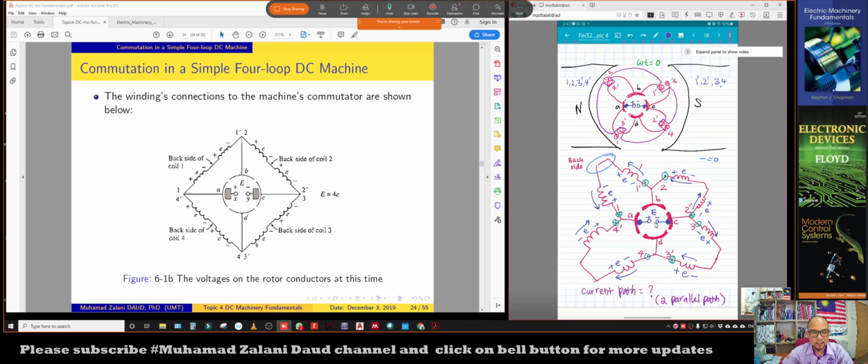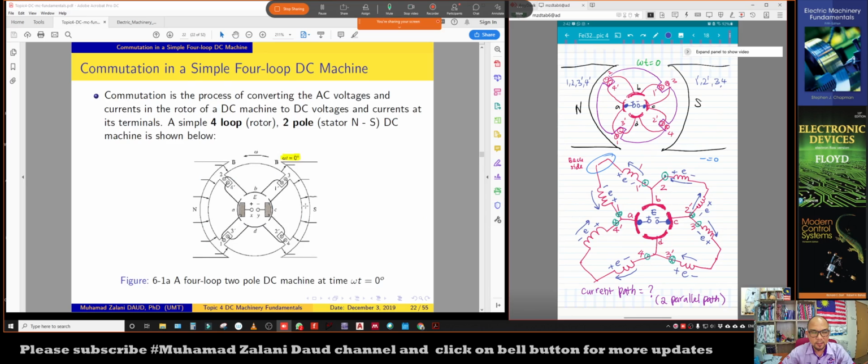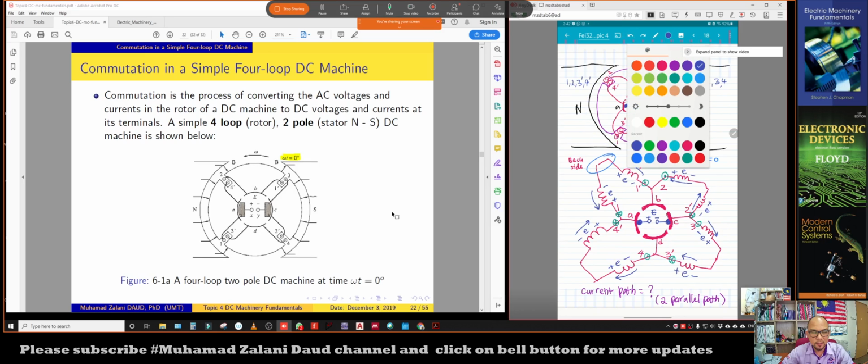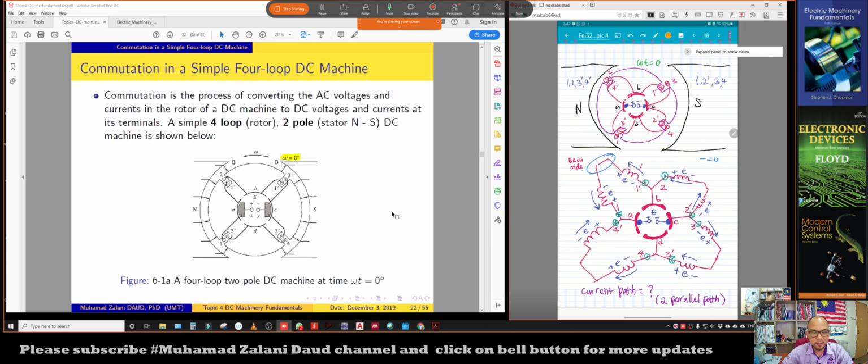All right. Going back to this figure, at this situation, 1, 2, 3 prime and 4 prime are under the pole faces.